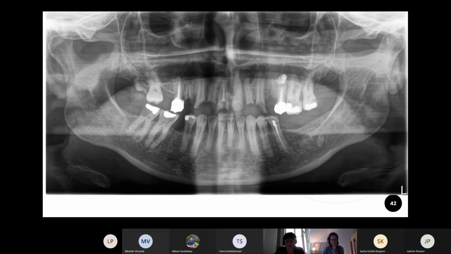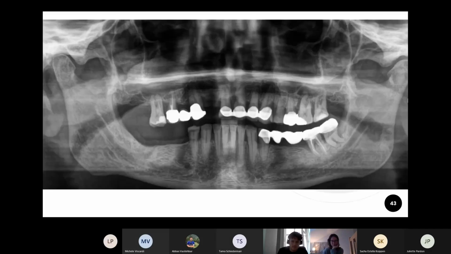And 8 again, non-erupted or extracted. Okay, if I missed anything, then write in the chat or raise your hand, and we can go to the next X-ray. All right, again, I'll give you half a minute or 1 minute or so, and then I'll go over it.